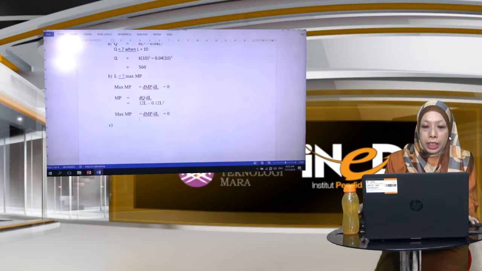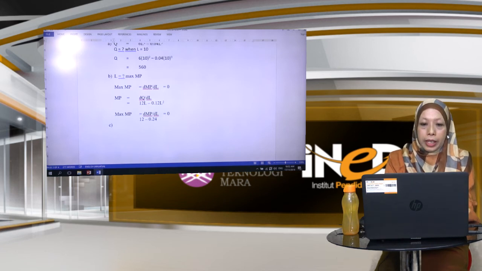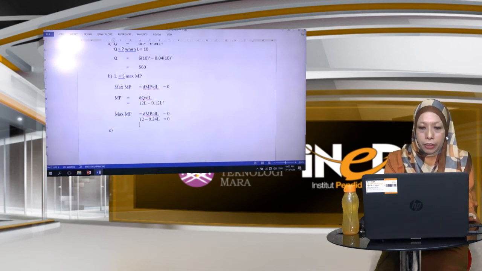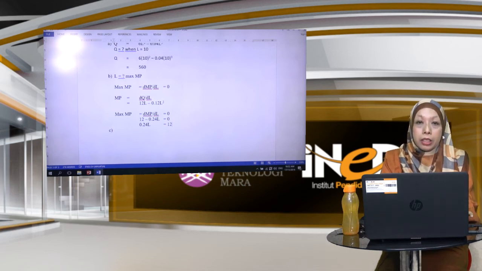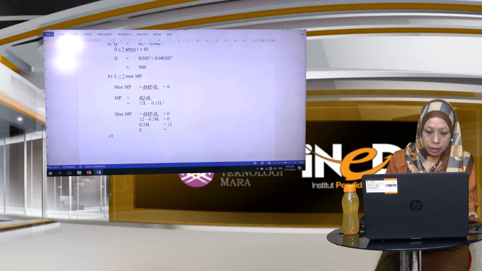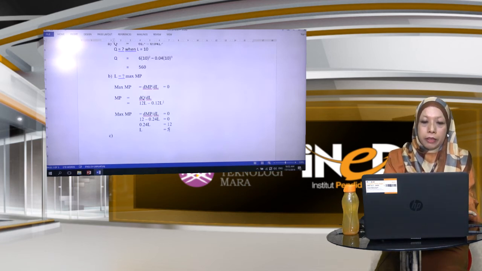Differentiating marginal product gives you 12 minus 0.24L. You set it equal to 0. Solving for L requires you to bring one value to the left-hand side and the other to the right-hand side. You end up getting L equals 12 divided by 0.24, which is 50.